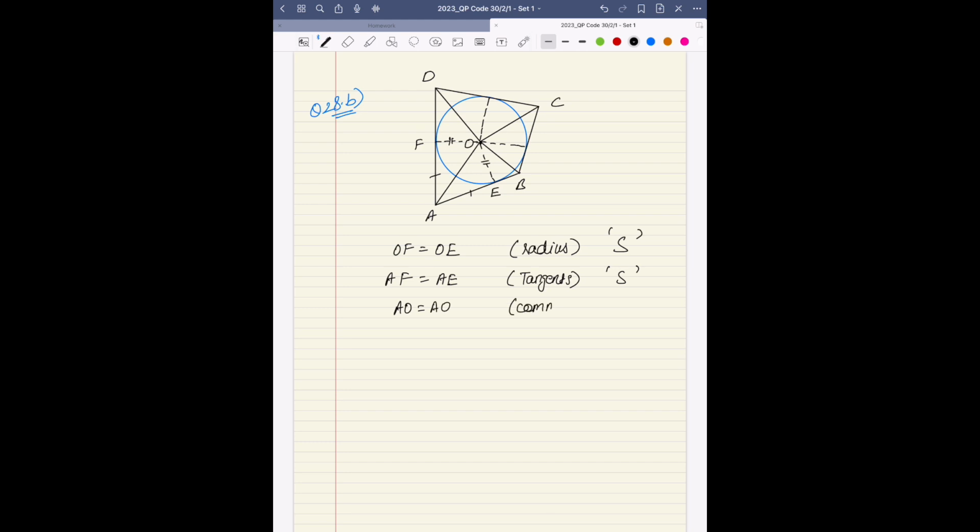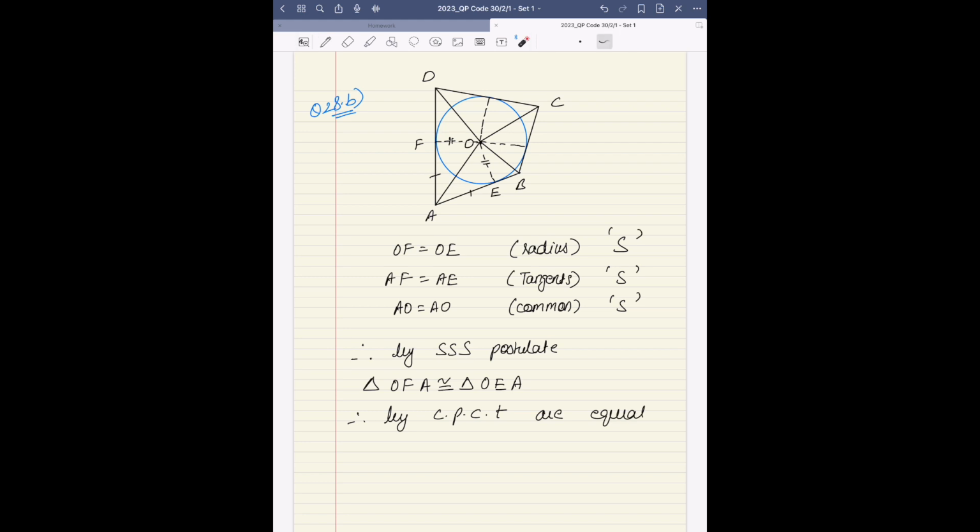So if it's common, then you can clearly say that hence by the triple S postulate, triangle OFA is congruent to triangle OEA. Hence by CPCT, corresponding parts of congruent triangles are equal.